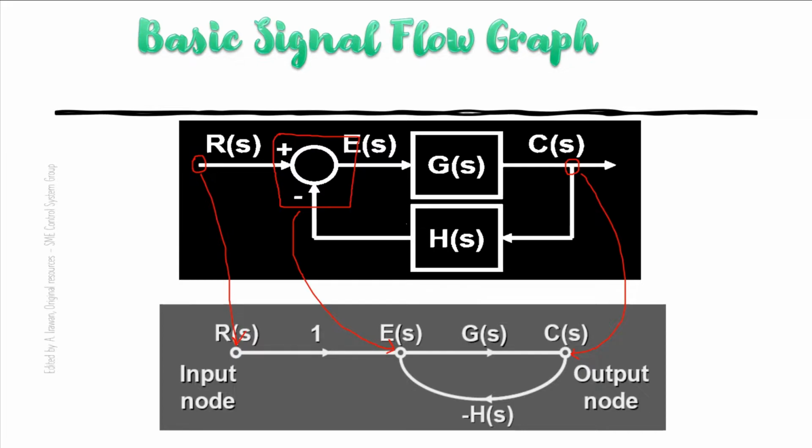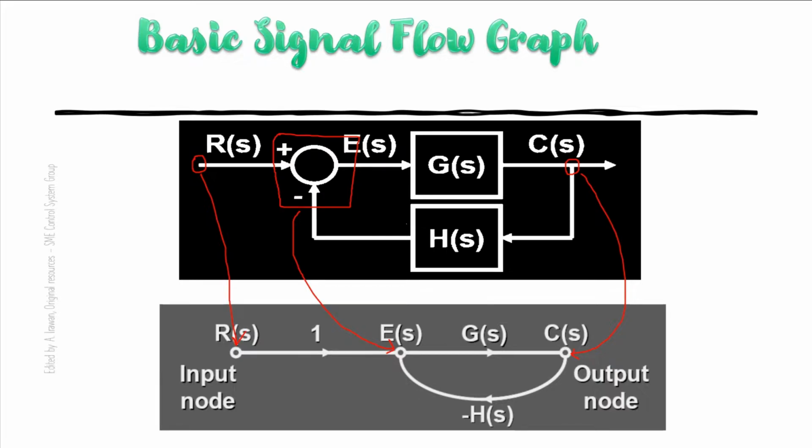So how about the blocks or boxes of the system? We represent the systems G(s) and H(s) as a gain on the line.